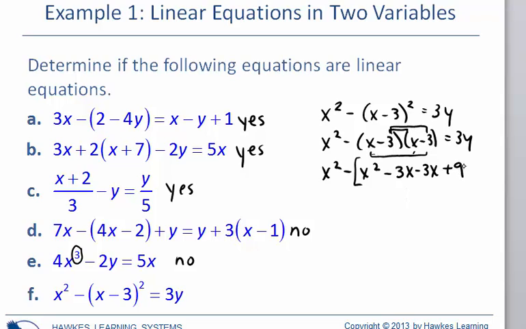And the last terms give me positive 9. Now, note that I put that in a set of brackets because we have a subtraction out in the front that is going to need to be distributed. So distributing the subtraction, we're going to have x² - x² + 3x + 3x - 9 = 3y.